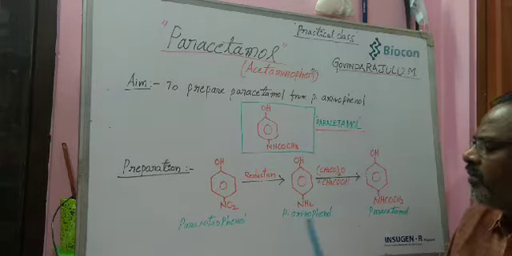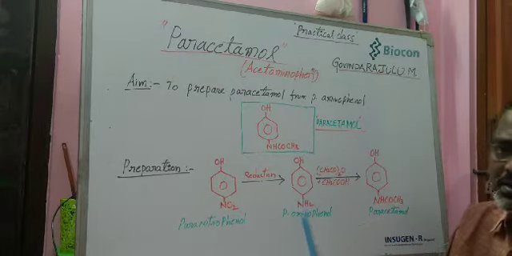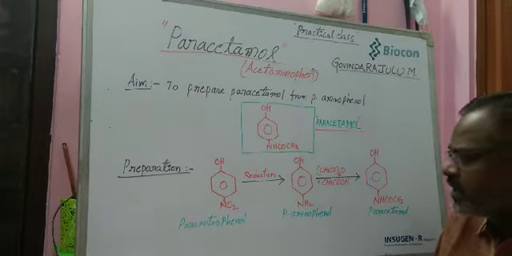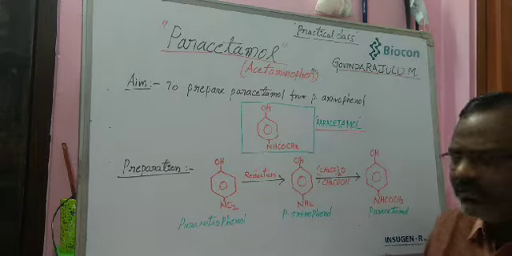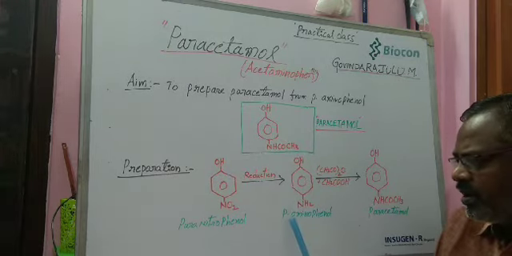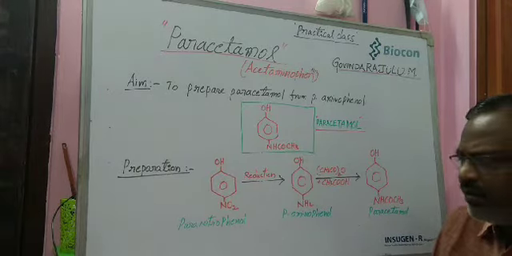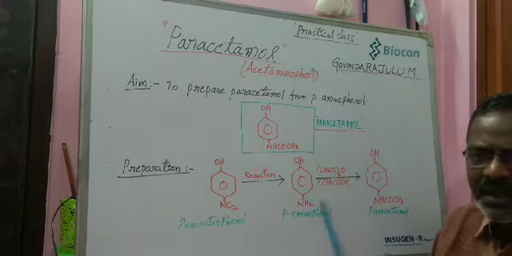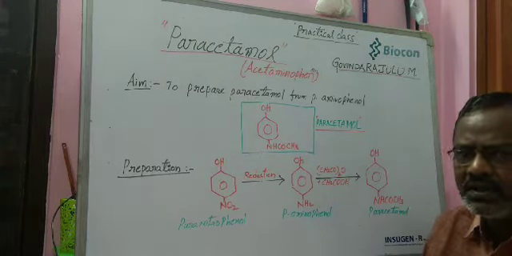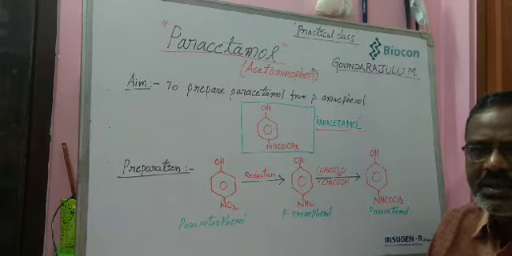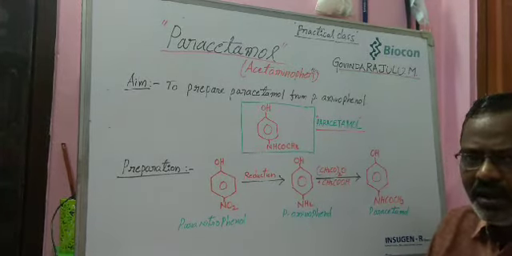The formed para-aminophenol undergoes an acetylation reaction in the presence of acetic anhydride or glacial acetic acid, CH3COOH. We add some amount of acetic anhydride or glacial acetic acid to the formed para-aminophenol.